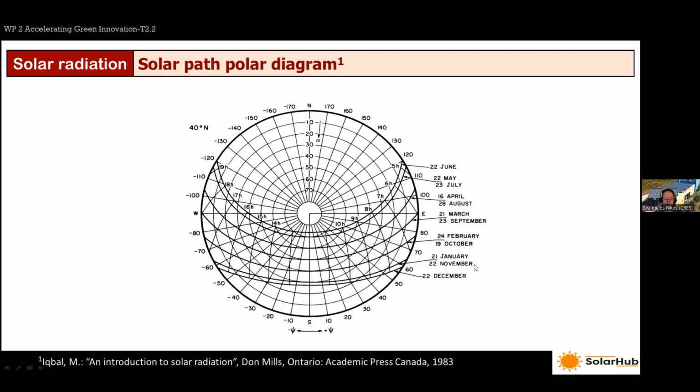Also, you can use these diagrams, these calculations, in order to design and install solar trackers, right? Knowing the sun's path here, you can design and control a solar tracker to follow the path of the sun and maximize the energy yield. It is said that a two-axis tracking system could increase total production by up to 35% as opposed to a fixed system.